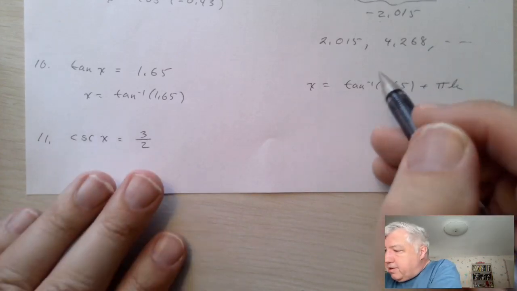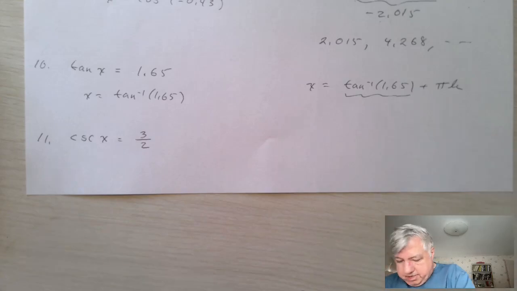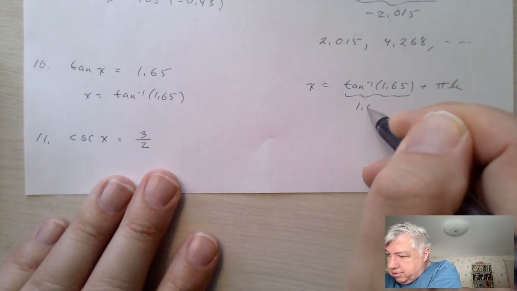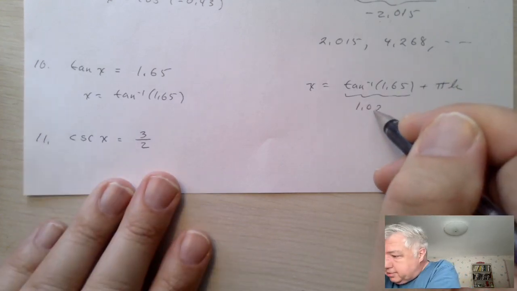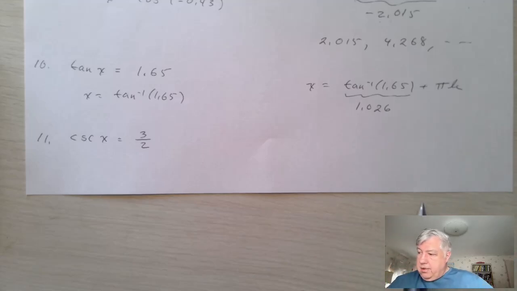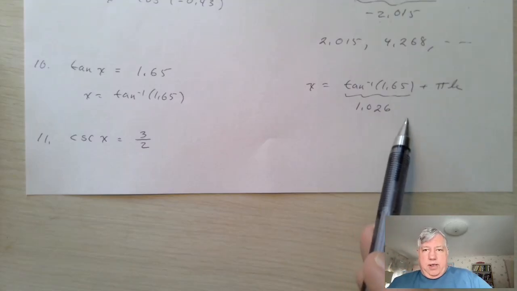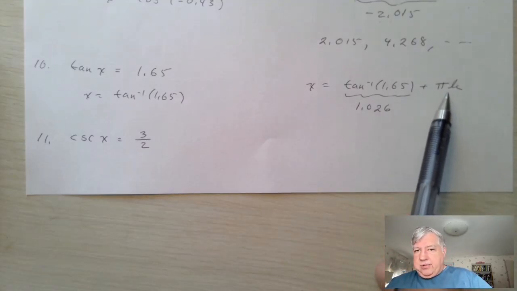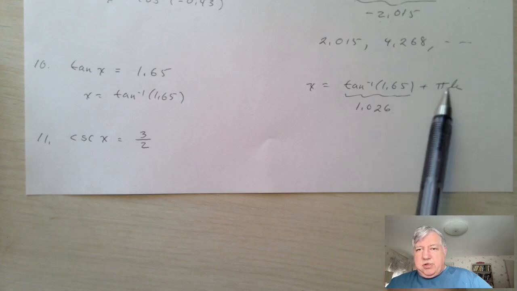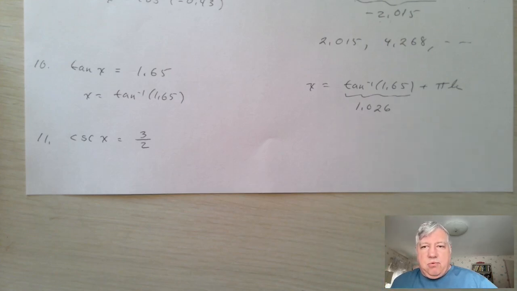And if you use your calculator, this is going to be 1.26. That would be one solution, and you can keep adding any multiple of pi you want, and you'll get another solution.